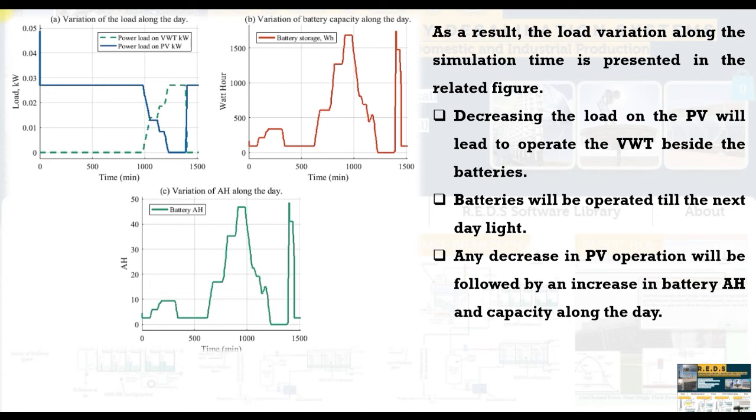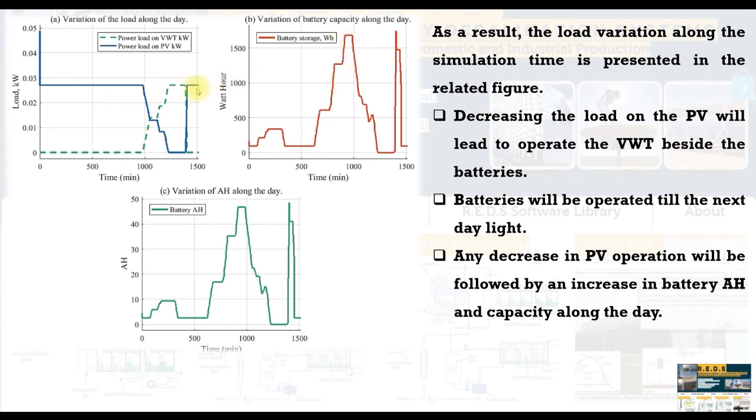This is another example, for a tiny power load. Decreasing the load on the PV will lead to operating the vertical wind turbine besides the batteries. Batteries would be operated till the next daylight. Any decrease in the PV operation will be followed by an increase in battery ampere hour and the capacity along the day. Decreasing the load on the photovoltaic would be followed by the operation of the batteries, besides the operational time of the vertical turbine in order to recharge the batteries.